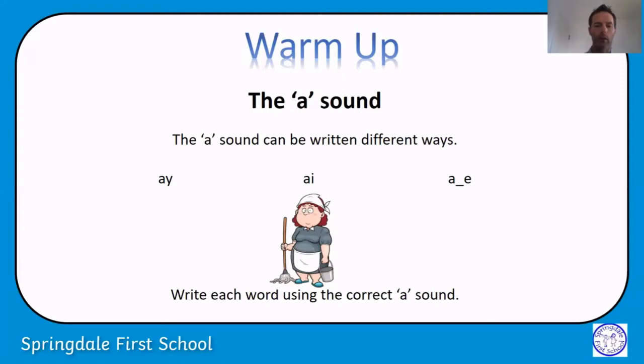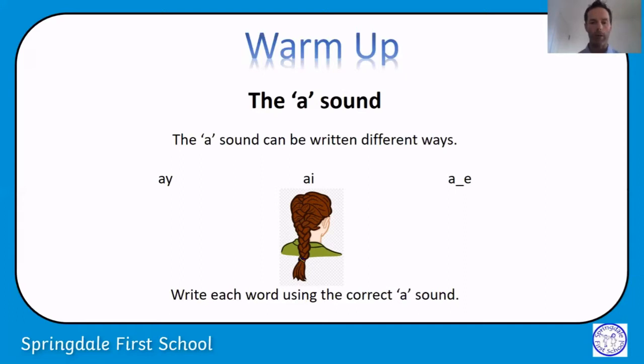Okay, moving on. Braid. She had a braid in her hair. Braid. What are those sounds we hear? B-r-a-d. Braid. See if you can write the word braid for me. Well done.